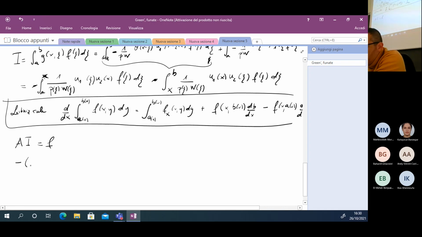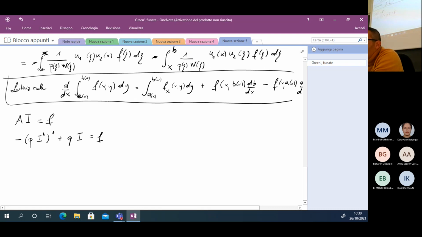A is minus P I prime plus Q I. This must be equal to F. So what I have to do is to calculate the first derivative of I, and then the derivative of all these things, and then verify that this is correctly defined. All right, let's start with calculating the first derivative of I.